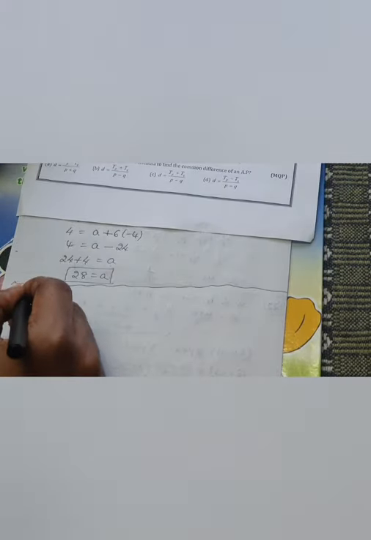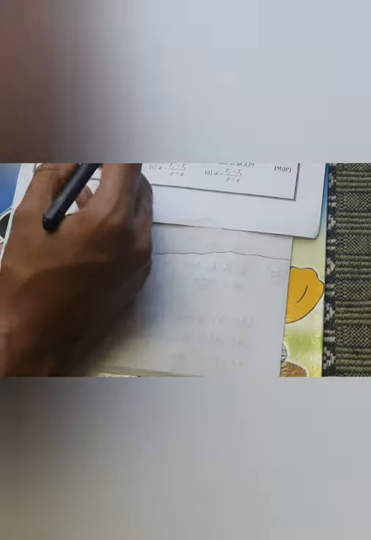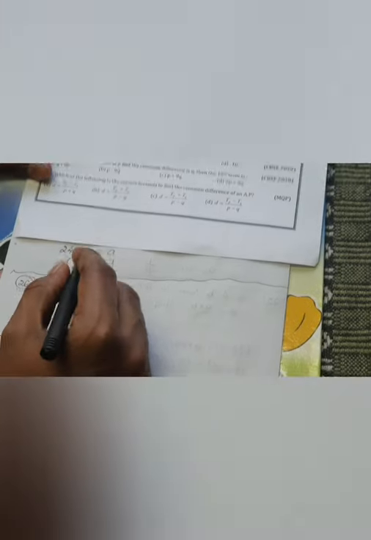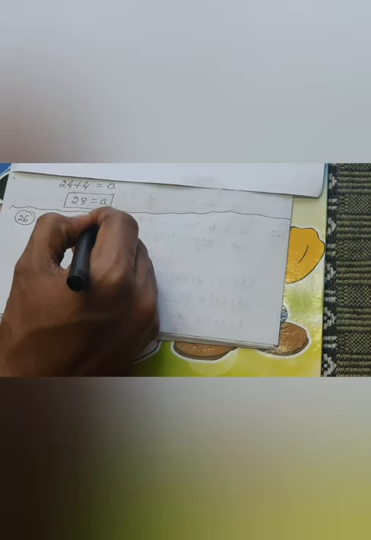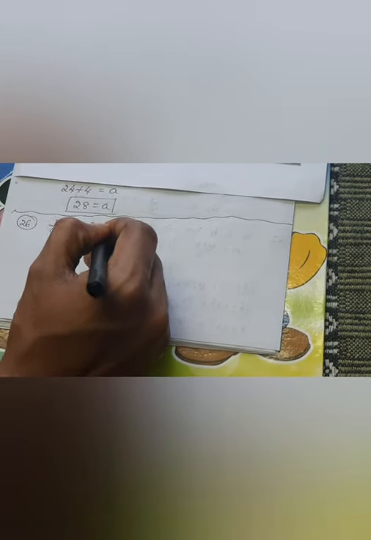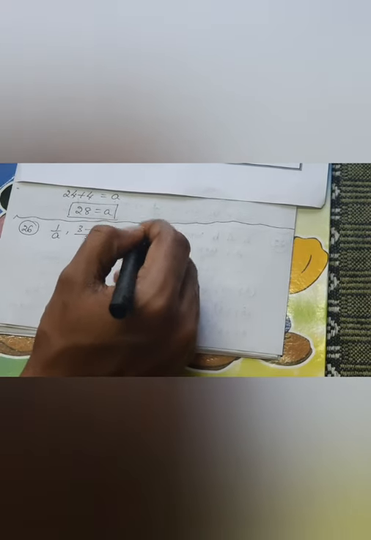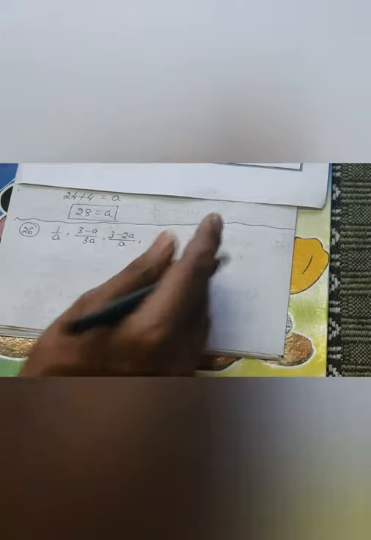Now we'll go to the next question, question number 26. The question goes like this. This is similar to what we have seen in the previous questions. Find the common difference in the given AP. The AP is 1 by A, 3 minus A by 3A, and 3 minus 2A by A, and so on.